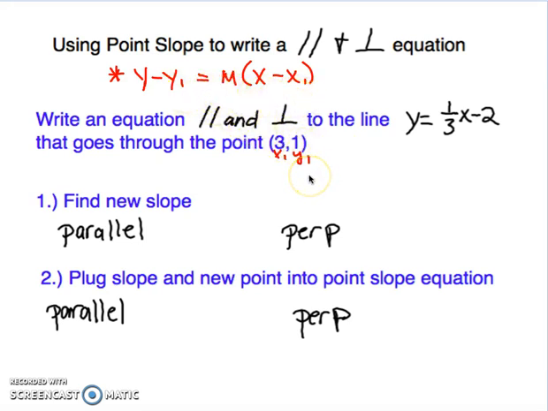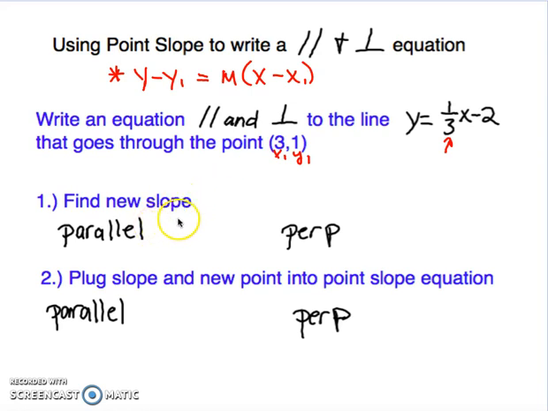So the only thing that we need to figure out to complete this formula is our m, which is our slope. So if we use this original equation, everything is based off our original slope. So if I need to find a parallel slope to 1/3, it needs to be the same slope.